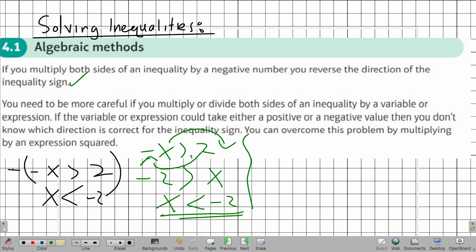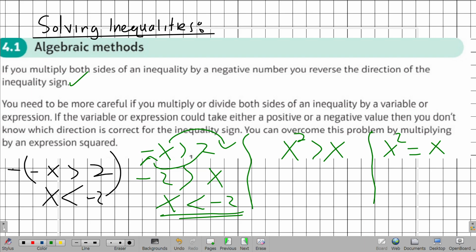Let's say I have x squared is greater than x. The temptation, if we look at it from the equation point of view, is that if x squared is equal to x, we can solve it by dividing.